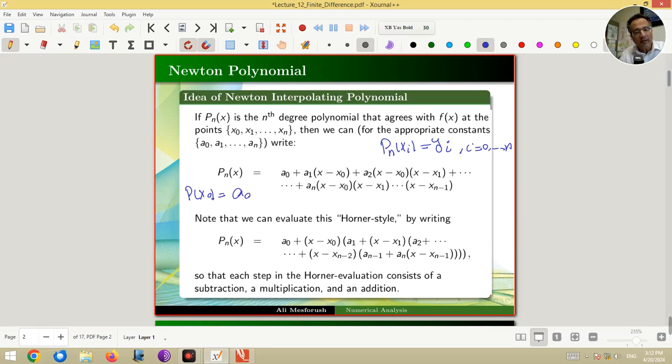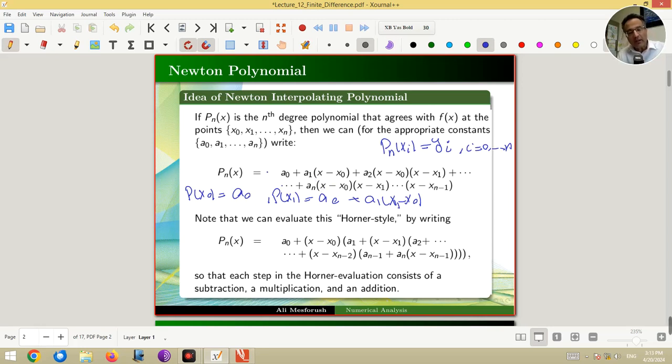and just a0 remains. In the same way, if you compute P of x1, you will get a0 plus a1 times x1 minus x0, and because you have computed a0 in the previous step, you can find a1 in the new step. Now, we have to compute all of these a0, a1 until an.